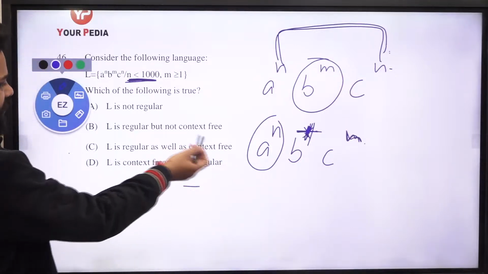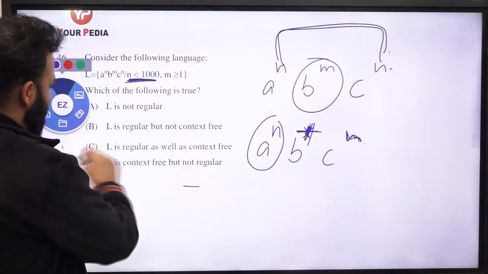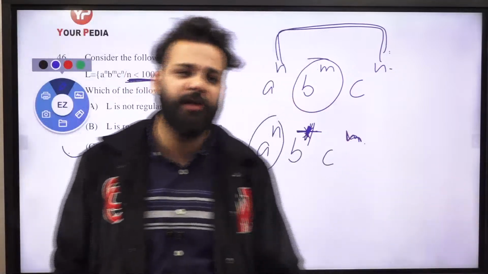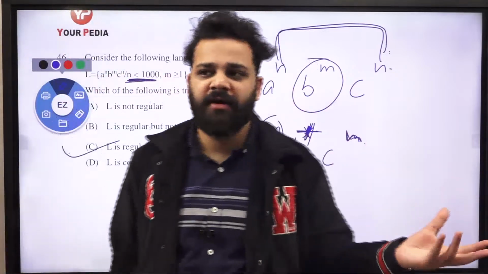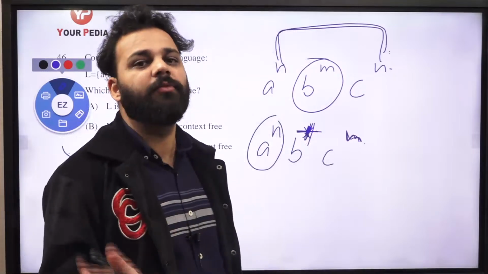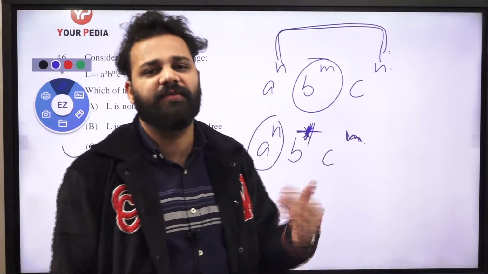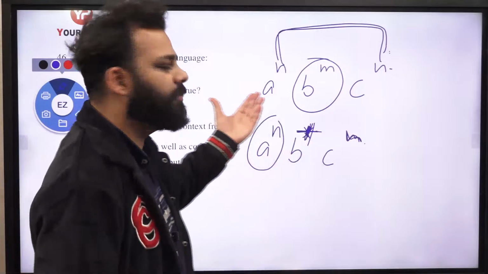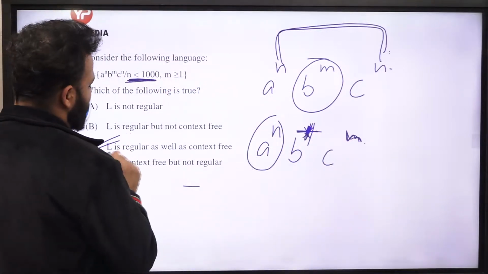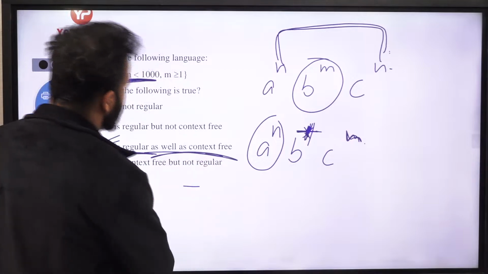So L is regular, not context free. Well, so L is regular. If a machine, finite automata, has some power, and you give that language to a machine having more power than finite automata, obviously it will be able to do it, because if finite automata can do it, a PDA will also be able to do it. That is why if a language is regular, it will also be a context free language.